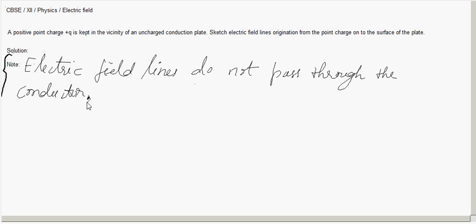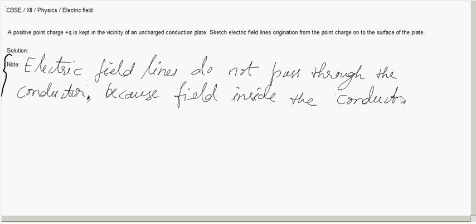This is because the field inside the conductor is always equal to 0.